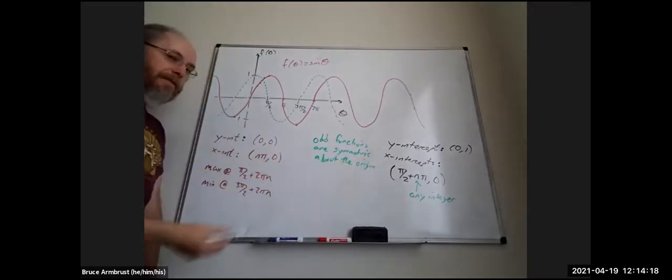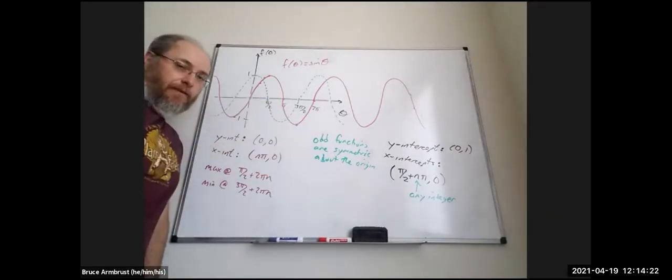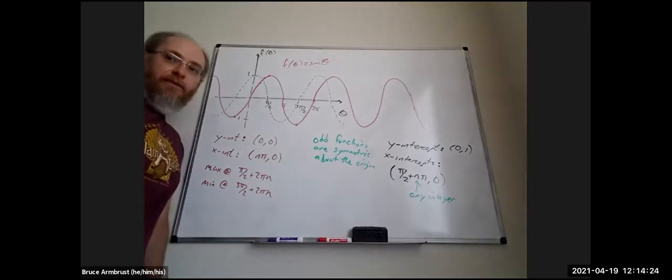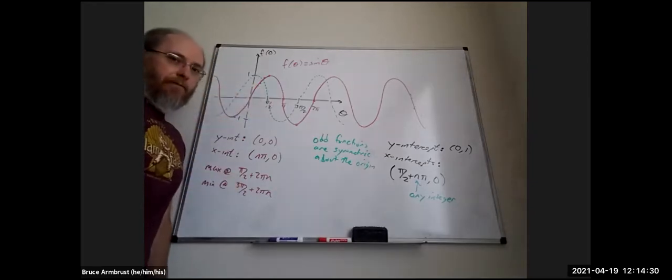And what that means is that if you were to rotate it half a rotation, pi radians, 180 degrees, you would get exactly the same graph.